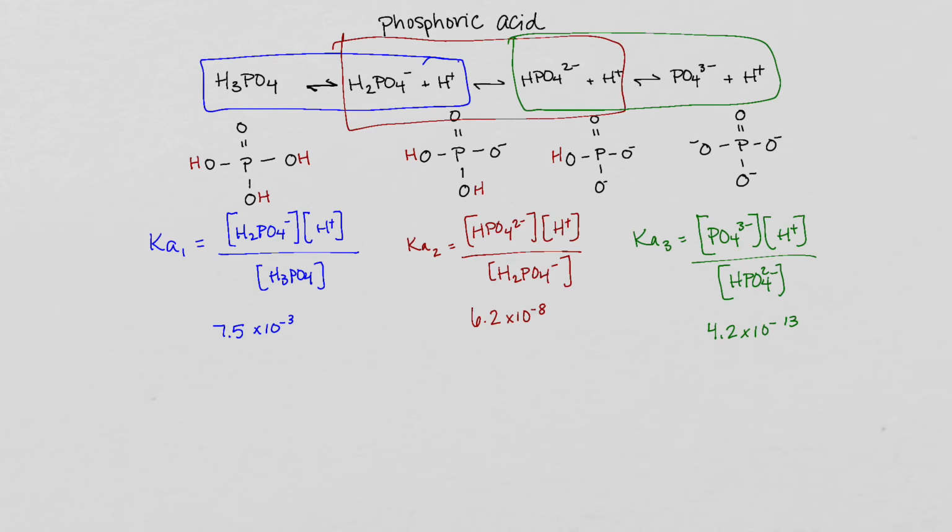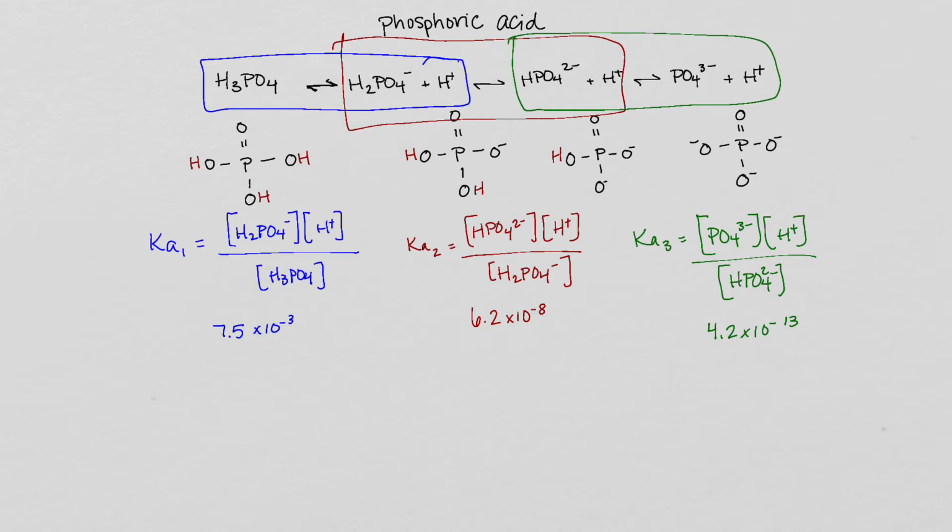Remember that pH is a logarithmic scale, and if we're at 10 to the negative 3rd and then negative 8th, that is quite different. And then negative 8 to negative 13. So we're talking on the order of 10 to the 5th different. And so it makes sense to think of these as stepwise.